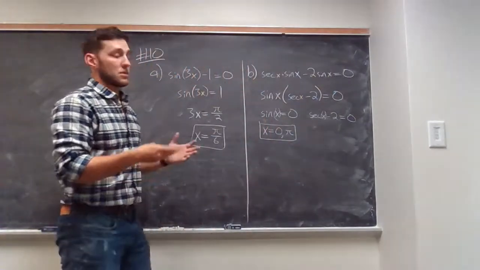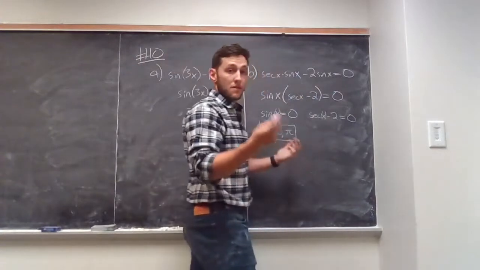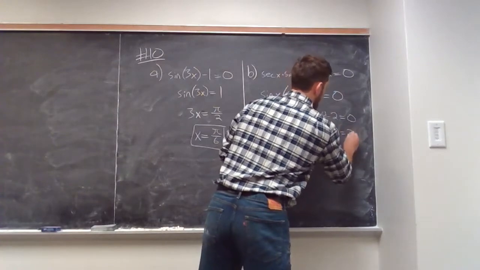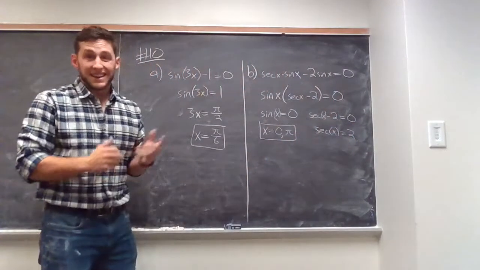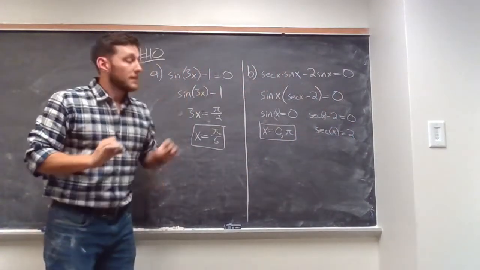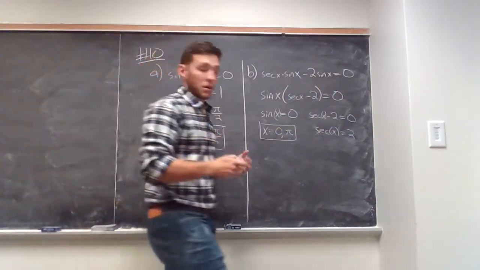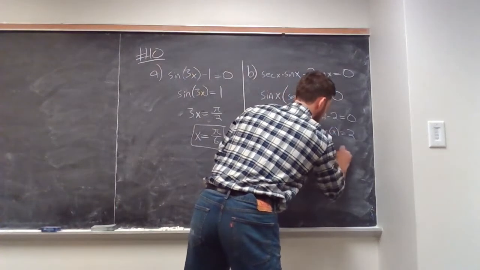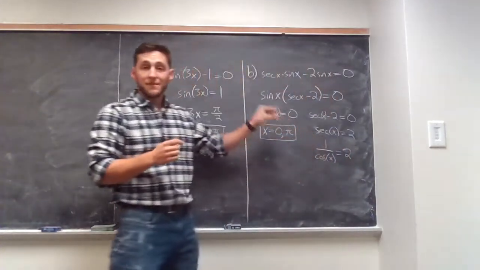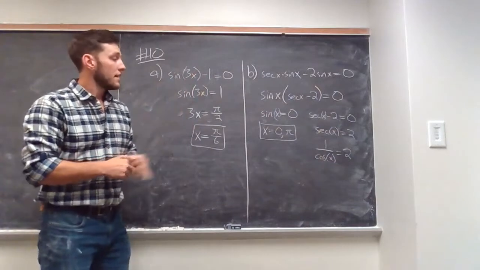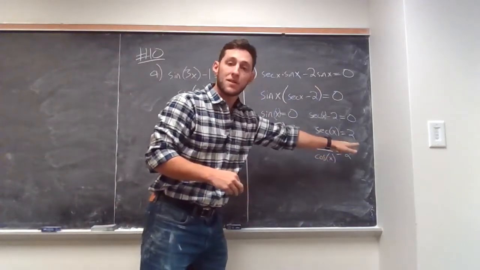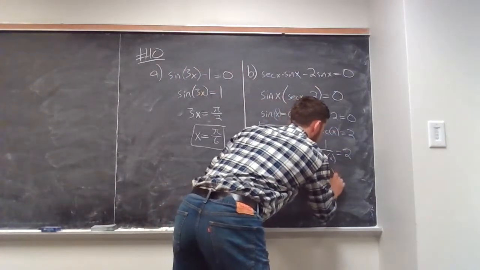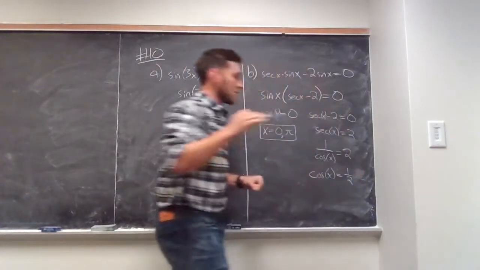When is secant of x minus 2 equal to 0? Well, we have some more algebra to do. Secant of x equals 2 by adding over the 2. And I'm going to highly recommend setting secant equal to 1 over cosine. 1 over cosine of x, which is the other name for secant, equals 2, allowing me to multiply up by cosine, divide over by 2, giving me cosine of x equals 1/2.